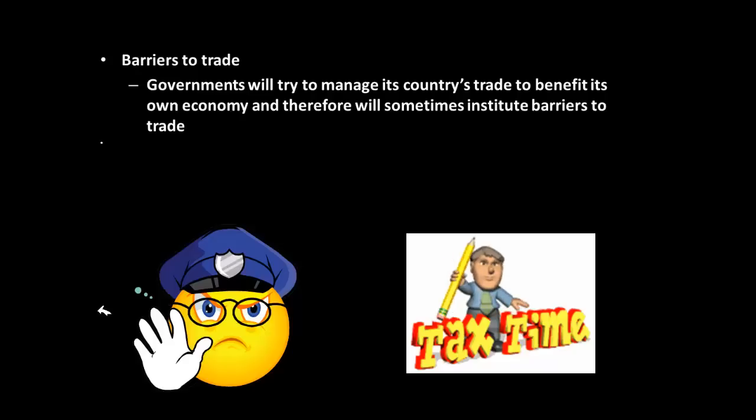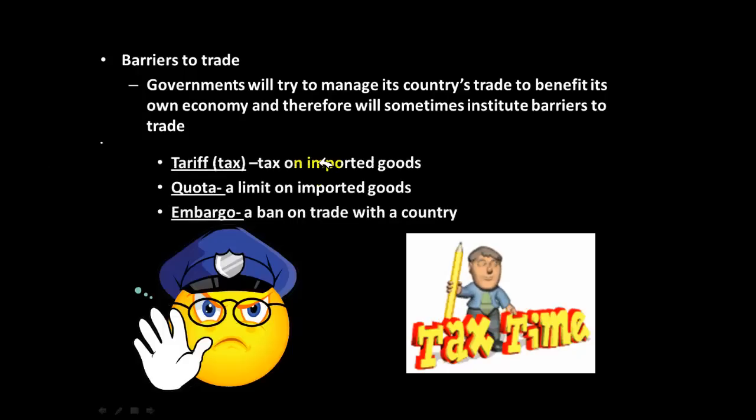The hope is that if it's harder for us to buy Nissans, then the people of America will buy American cars like Chryslers, Fords and Chargers. Their hope is that if more Americans buy things made in America, that will help make America stronger. So with barriers to trade, governments will try to manage their country's trade to benefit their own economy, and therefore will sometimes institute trade barriers.